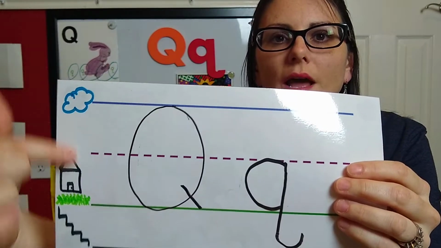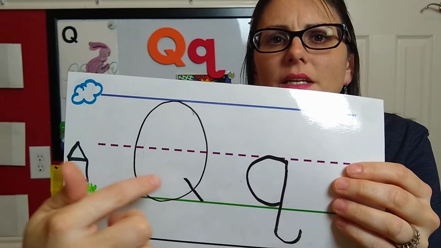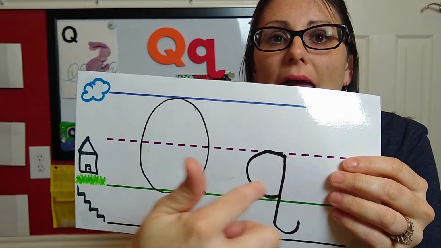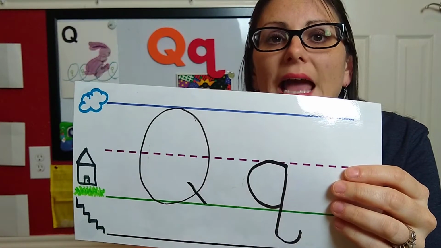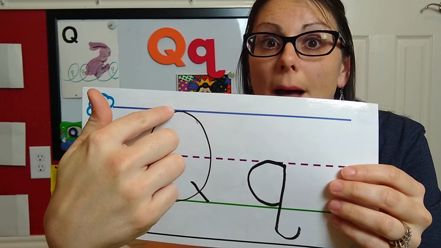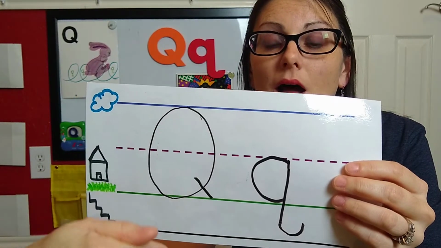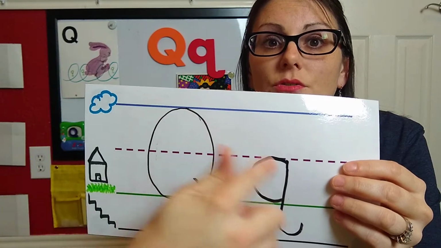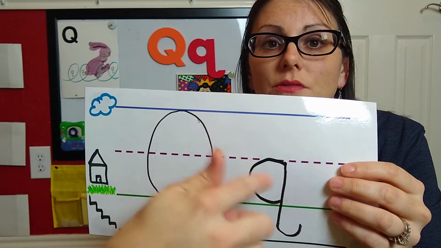Moms and dads, if you don't have dotted paper at home, that's fine. Use a highlighter and make the capital Q for them and the lowercase q, and then have them trace it. Now remember, we start at the top, top to bottom, left to right.